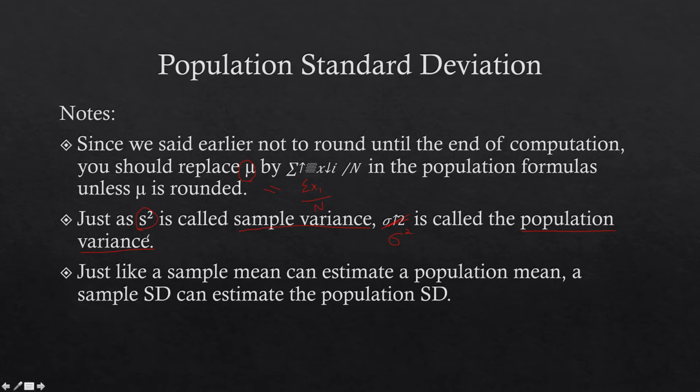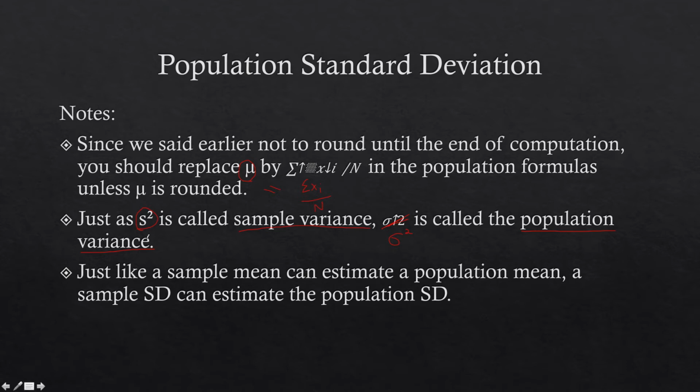Let me say this about that first note up there about replacing. If you come out with a nice round population mean, for instance, if it comes out to 20, there's no need to replace because you're not having to do any rounding.